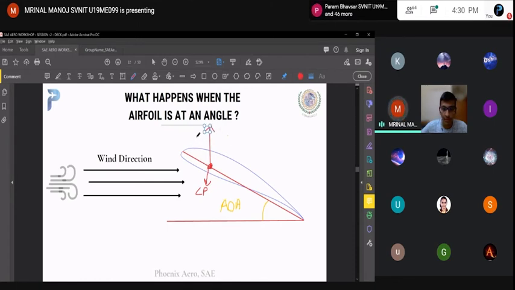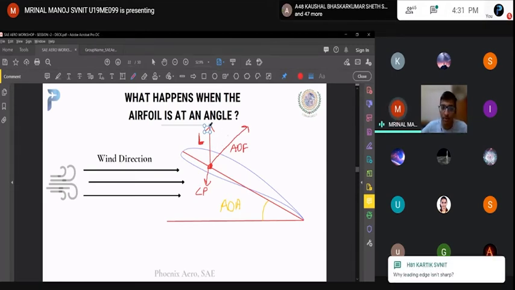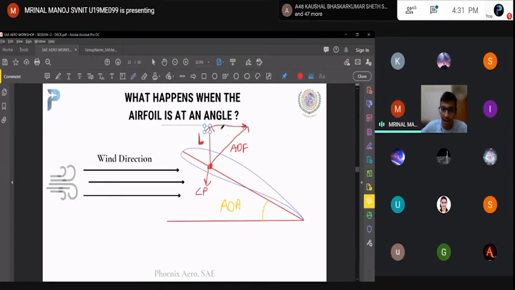I'll denote it as L. And the resultant force acting will be called the aerodynamic force, ADF. Now the vector triangle is not complete. There is one more component called drag, or to be precise, induced drag in this case.